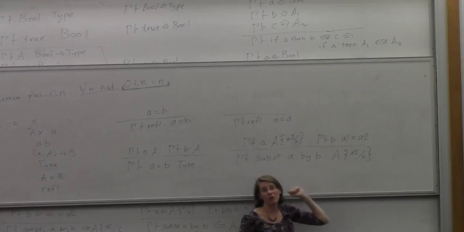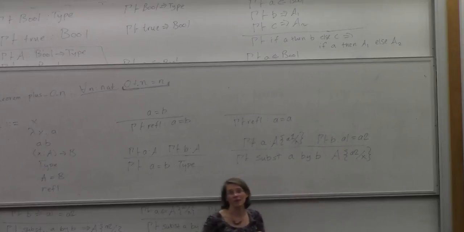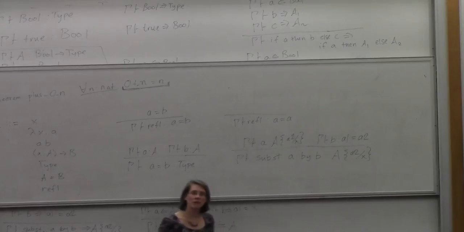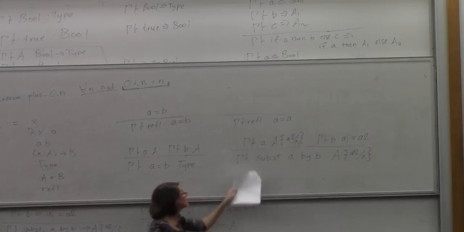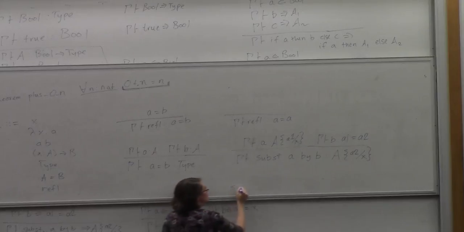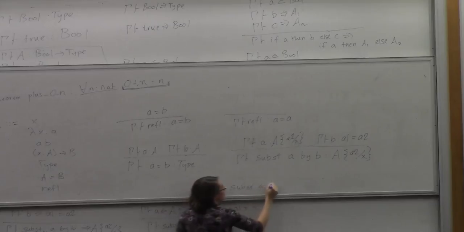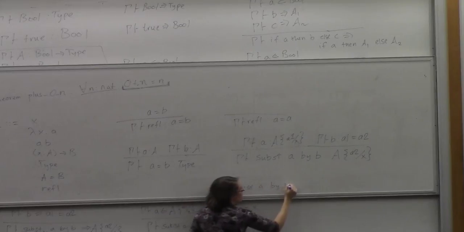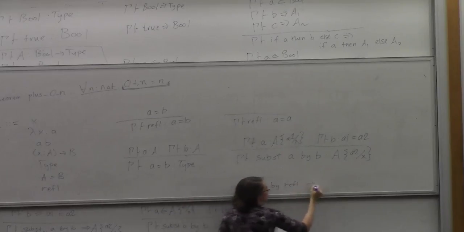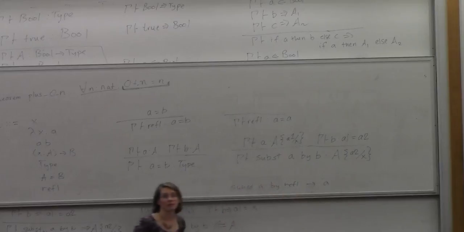When we know already that A1 and A2 are equal, then we don't really have to do a subst. And when do we know that? We know that when REFL can prove that. So our reduction rule for subst is that subst A by REFL actually reduces to A.